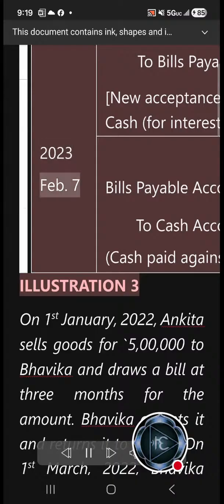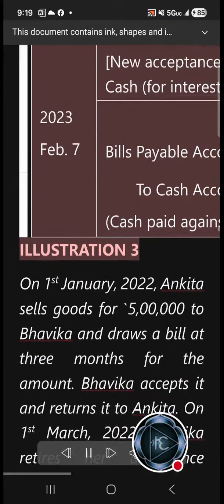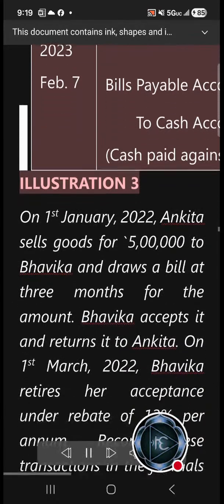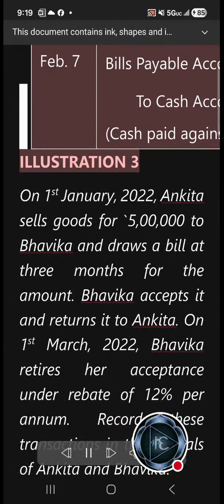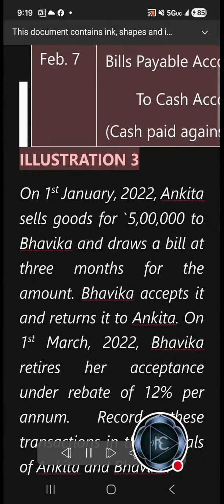February 7th. New acceptance for 2 months for 106,000 and cash for interest paid to VJ. 106,000. Bills payable account. Doctor. To cash account. Cash paid against second bill.